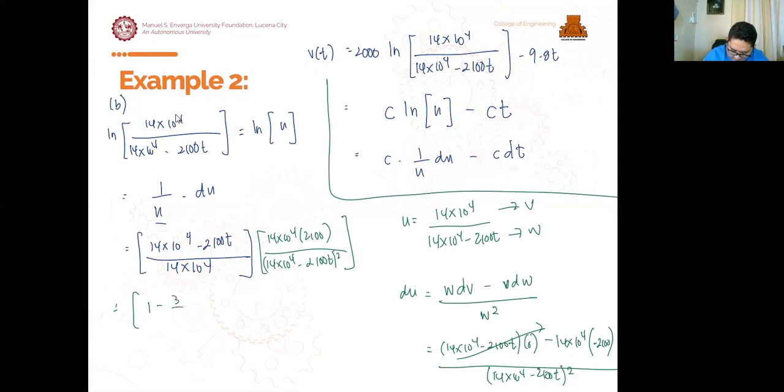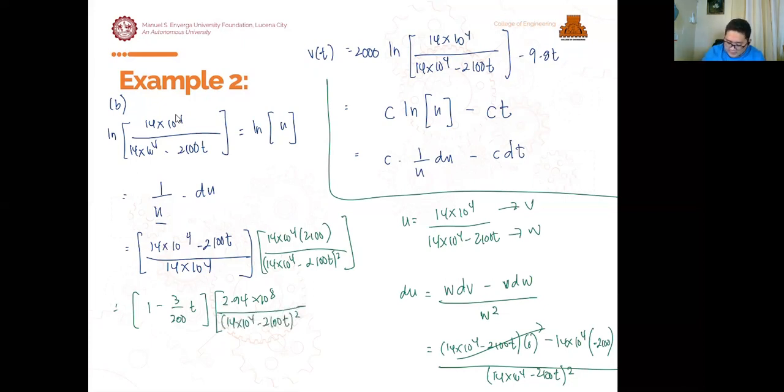So, 3 over 200t, no? And this will be 14 times 10 to the 4 times 2,100. So, 2.94, 1, 2, 3, 4, 5, 6, 7, 8 times 10 to the 8 all over 14 times 10 to the 4 minus 2,100t squared.